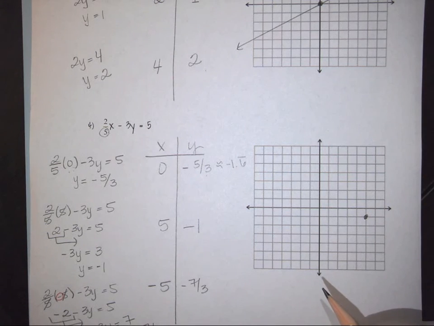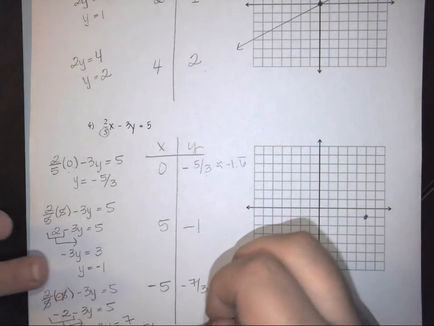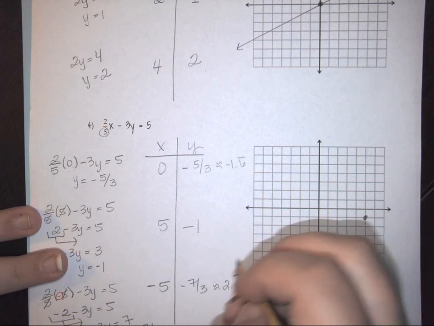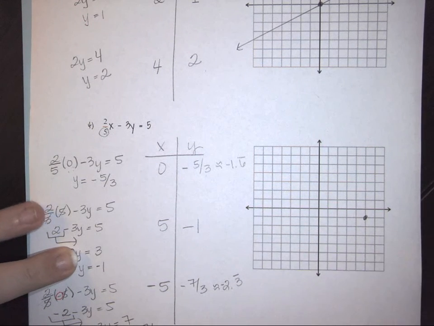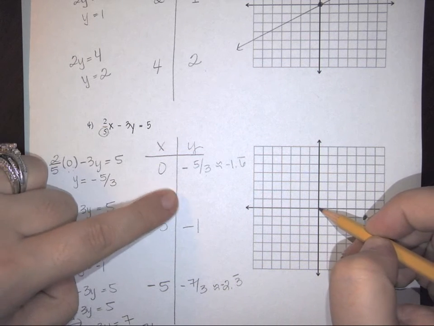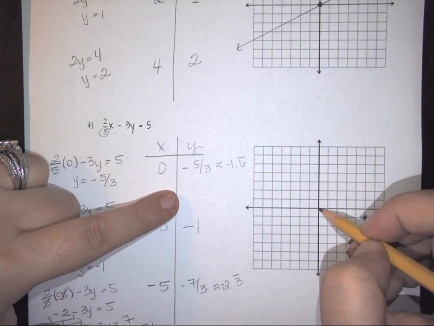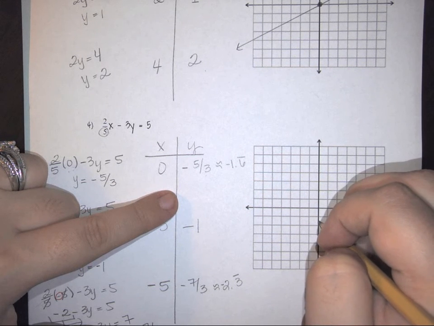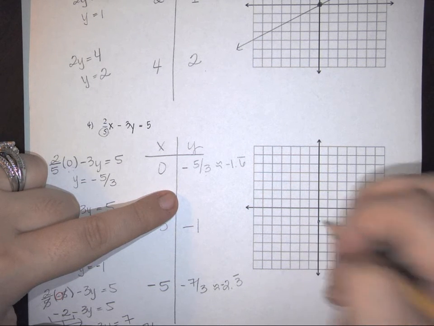And then I have my 7/3, which is going to be roughly the same as 2.3 repeating. Again, it's negative. So I have the point 0 and then a little more than -1.5. So a little more than a half would put it right about here.